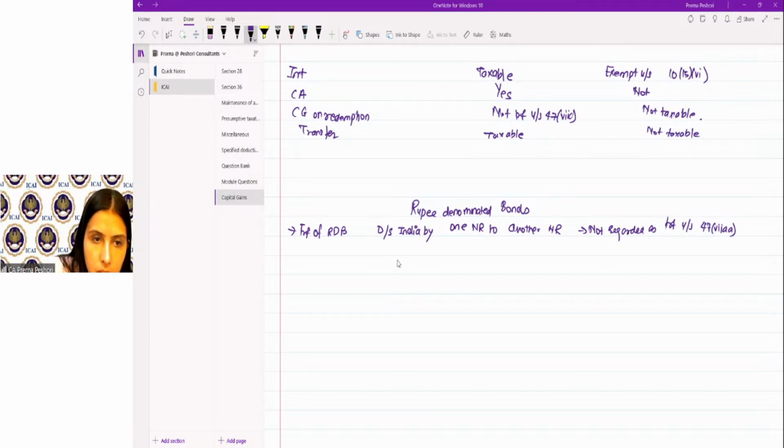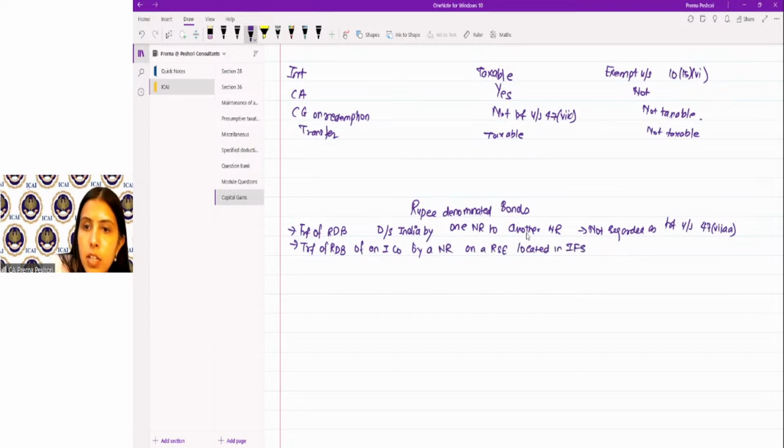Also, transfer of a rupee denominated bond of an Indian company by a non-resident on a recognized stock exchange located in IFSC, where the consideration is payable in forex, again, this is not regarded as transfer under section 47(7)(a)(b).